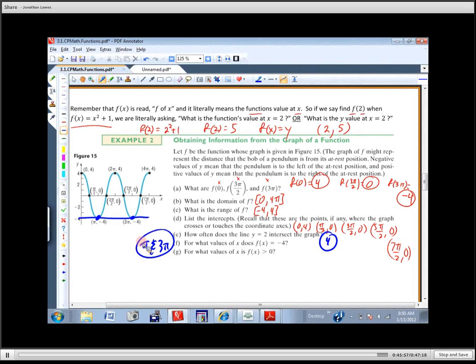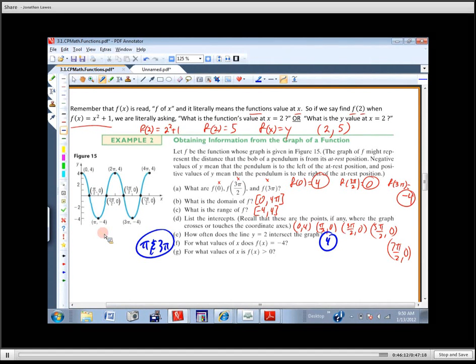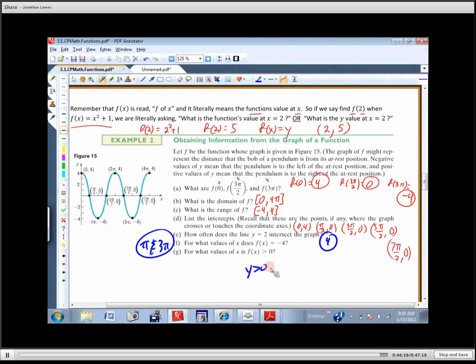Where is y greater than 0? And on a graph, how do we know if y is greater than 0? Greater than 0 means it's positive, right, Shane? It's got to be positive. So this is another way of saying, where is the function above the x-axis? And that's here, and here, and here.